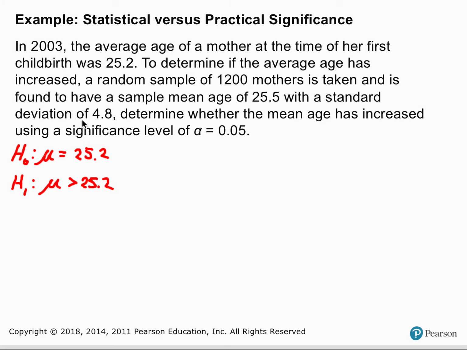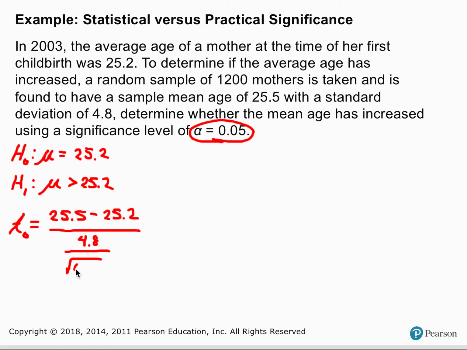Okay, we are given our level of significance again. So computing our test statistic, we've got x bar, which is 25.5, minus the mean, 25.2, that we're assuming is the true mean, over 4.8 over the square root of 1,200.